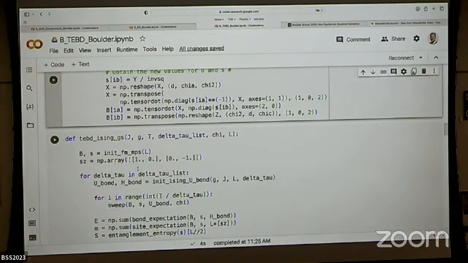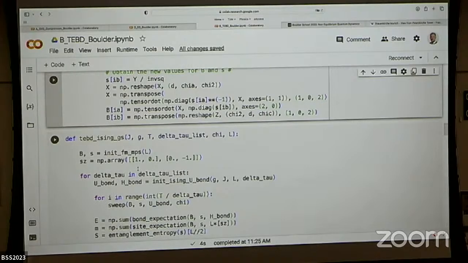Let's say that you have an MPS which is not in this canonical form. Now we would just start at the first bond to do a singular value decomposition, and the singular value decomposition of this matrix just scales as the third power of the matrix dimension.